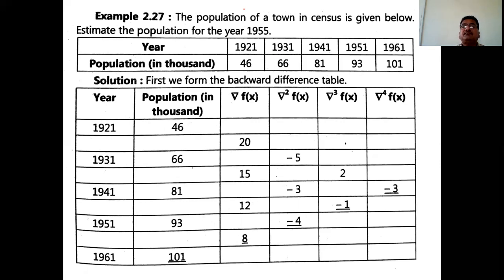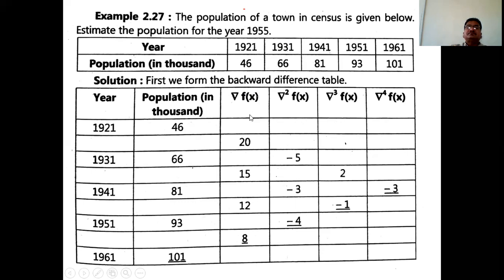So we have to find the value at the year 1955. Then prepare the forward difference or backward difference table. Instead of the forward difference table, here prepare the backward difference table, because we have to find the value at the year 1955 by using Newton backward interpolation formula.